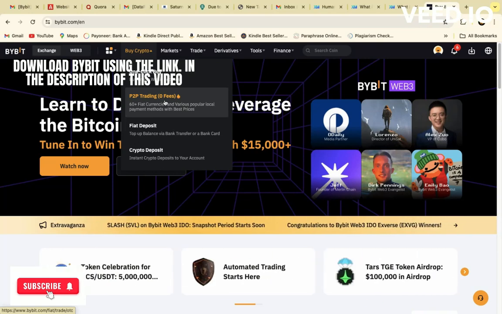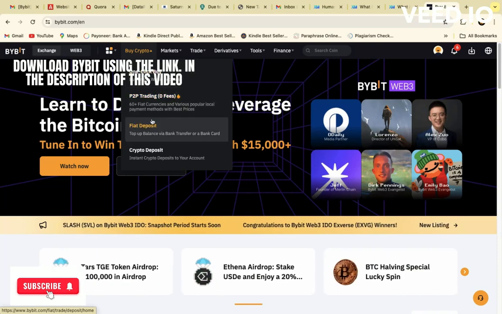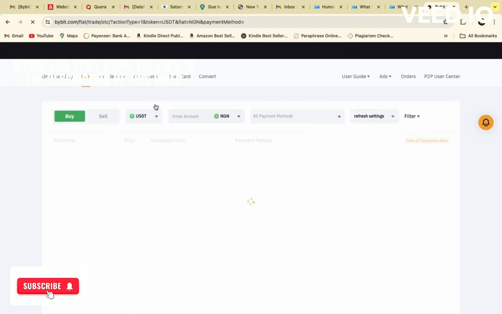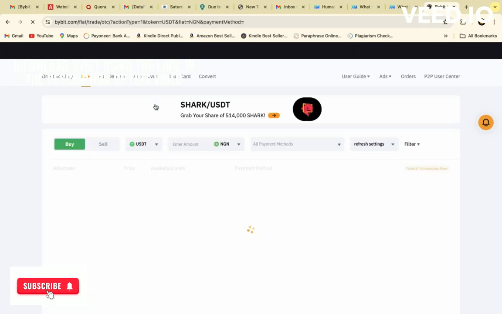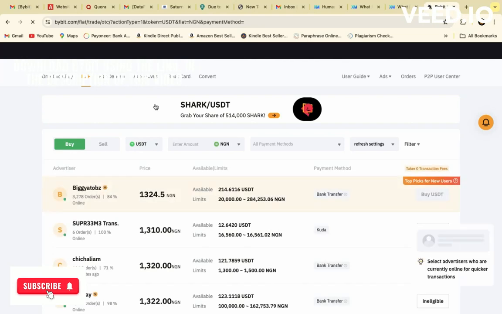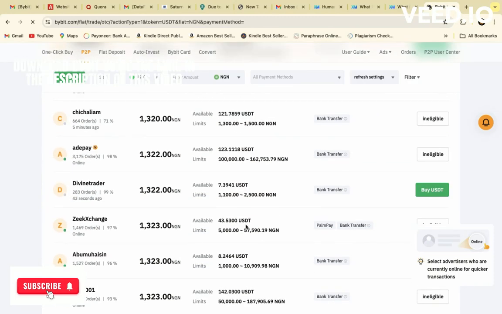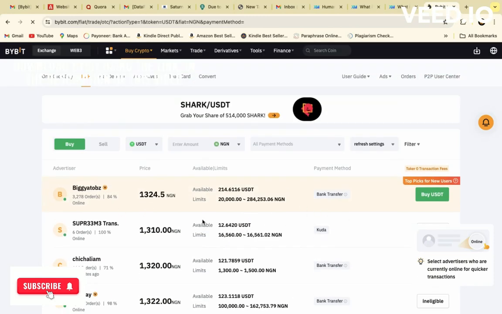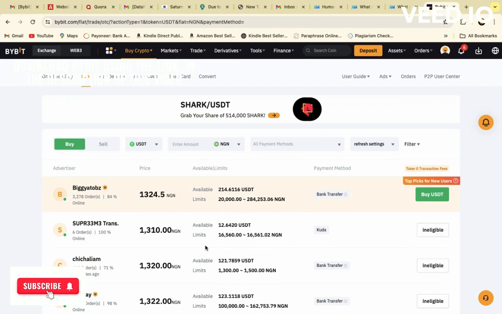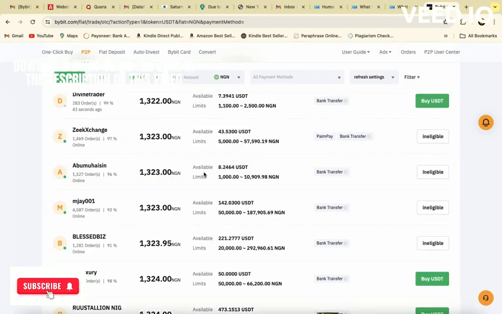Now, basically, what you really need is to have coins in your wallet. You need coins in your wallet in order for you to carry out futures trading. Now, you can see a variety of traders right here, they are offering this amount. So, for example, if I needed just 1K, or let's say, what is the minimum we can get from these guys?